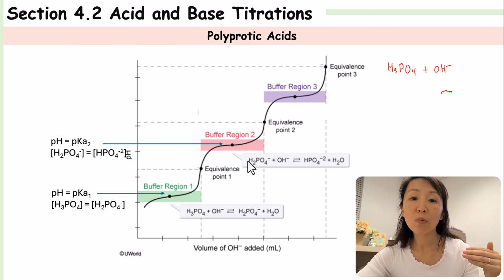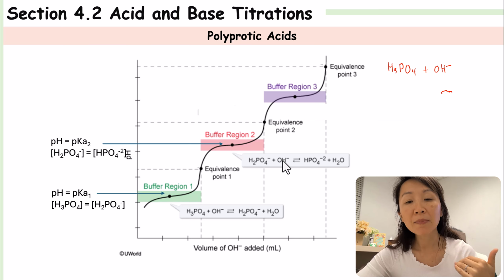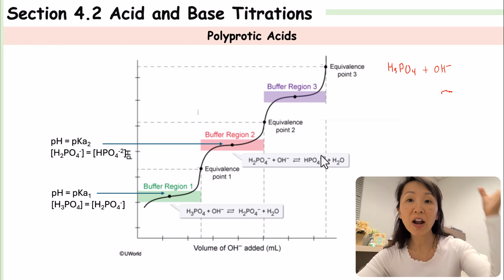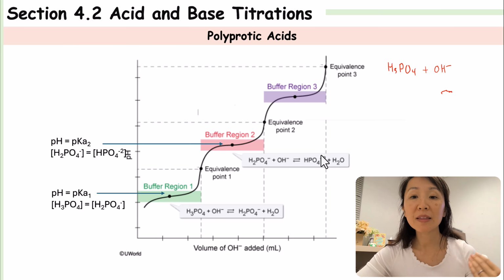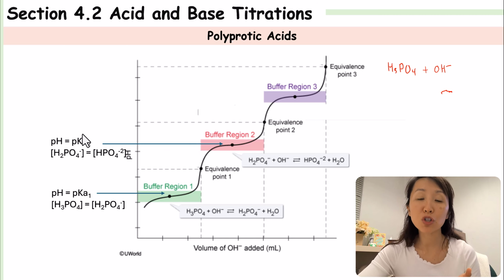It's going to donate one of its hydrogens to the hydroxide that's continuously pouring in, and then it's going to form HPO4 2 minus, so another hydrogen has been taken out, plus water. This region is where the acid, which was a conjugate base but is now an acid, and its conjugate base are equal in concentration. And this is where the pH is going to equal the pKa2.